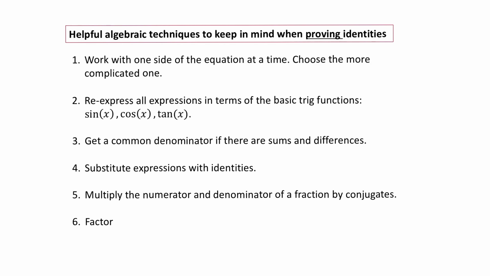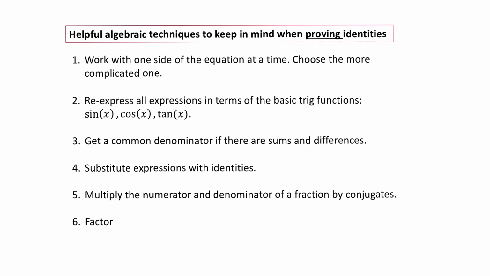Number one says that when you have an identity and you're trying to prove that the left side is equal to the right side, you should pick the side that seems more involved, the one that seems more complicated, because this is the one where you will be able to simplify by applying algebraic operations in order to obtain the other side. So pick the side that you feel is more involved because it will give you more opportunity to work it out.